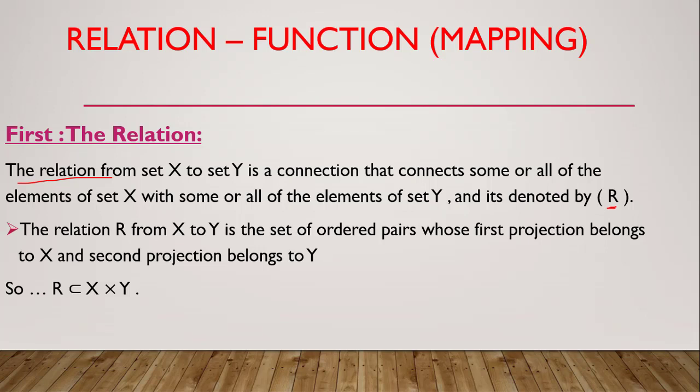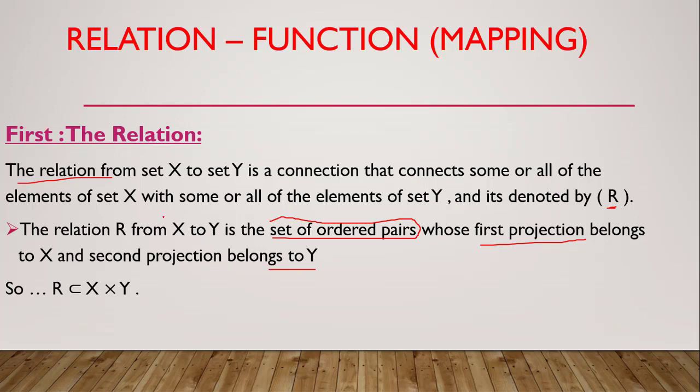The relation R from x to y is a set of ordered pairs, okay? So you notice that it is like the Cartesian product. Also, the first projection belongs to x, which is the first set, and the second projection belongs to y, which is the second set.